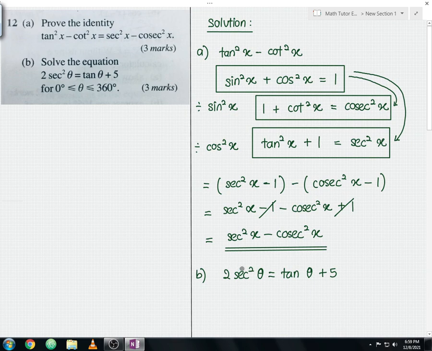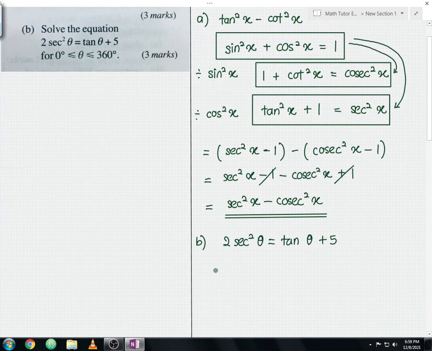Since you have two types of trigonometric function, which in this case are secant and tangent, you need to make the equation either all secant or all tangent. In this case it is better to change everything into tangent form, using this formula, guys. As you can see here, secant square x is equal to tangent square x plus 1. So we're going to apply this formula into the working over here.